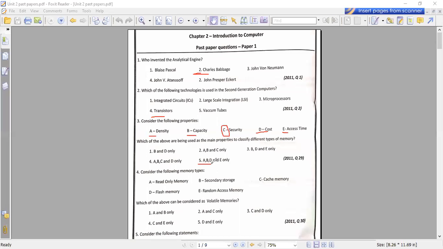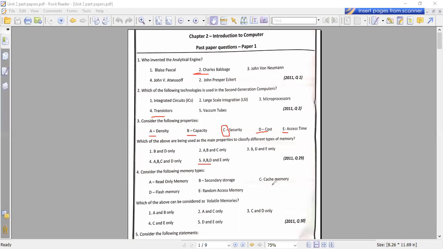Then we'll check the fourth one. You have mentioned the fourth and fifth answer. We'll see. Consider the following memory: read-only memory, secondary storage, cache memory, flash memory, random access memory. Which of the above can be considered volatile? Volatile means when the power goes, everything inside the memory will vanish. හැමදේම නැති වෙලා යනවා. එහෙනම් ROM එකේ නැති වෙලා යන්නේ නැහැ.